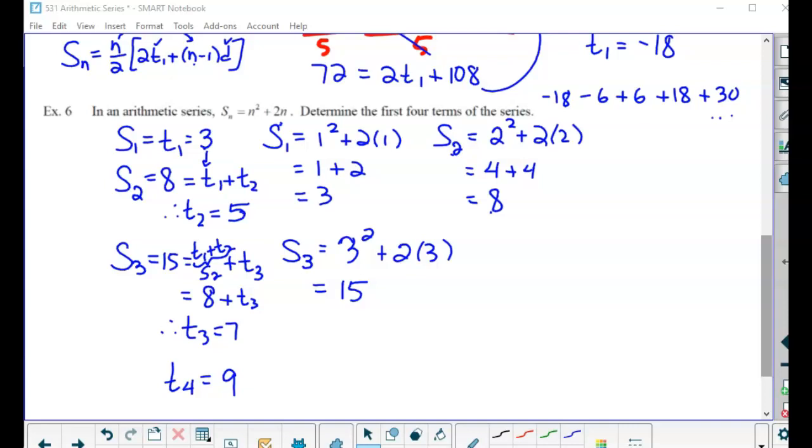Question 5 is very similar to what we just did. We did something similar to 4 already. So we're going to do question 3 together.